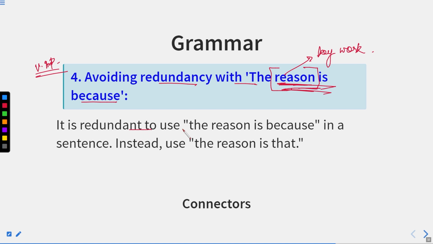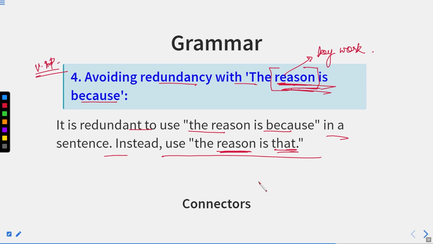It is redundant to use the reason is because. Why so? Because itself shows some reason in a sentence. Instead use the reason is that. In fact, if the word reason is there, we should use that, not because.